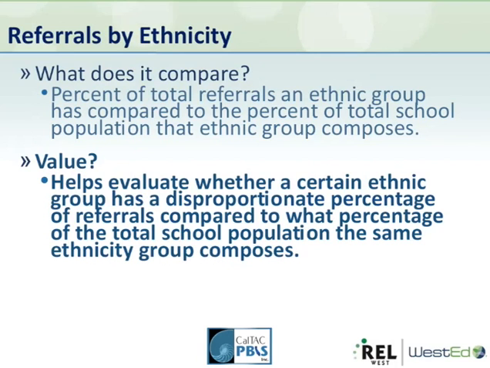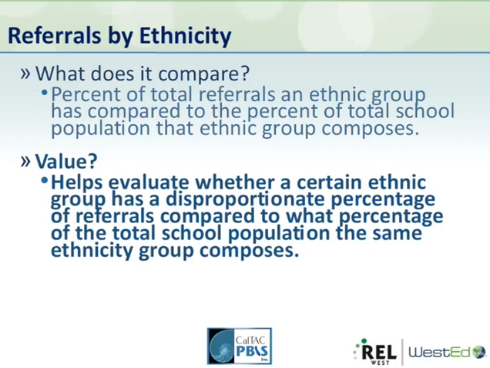This is really where we're talking about what's the piece of a certain ethnic group of the whole pie of referrals. So it compares the percent of total referrals an ethnic group has compared to the percent of total school population that ethnic group comprises.